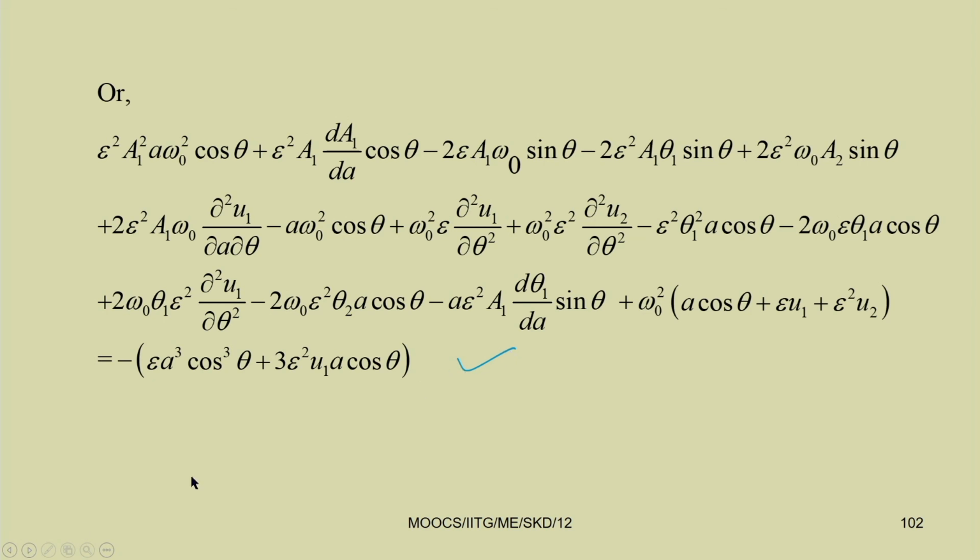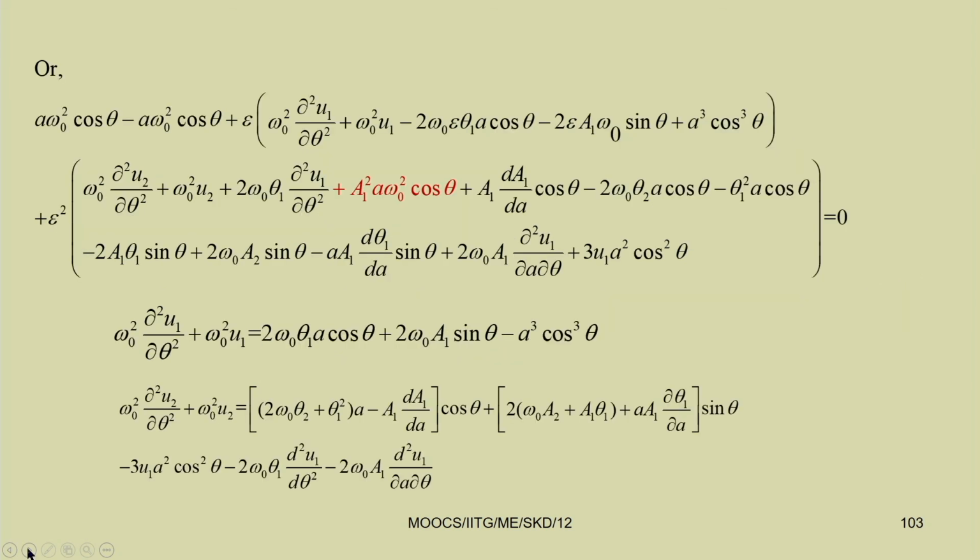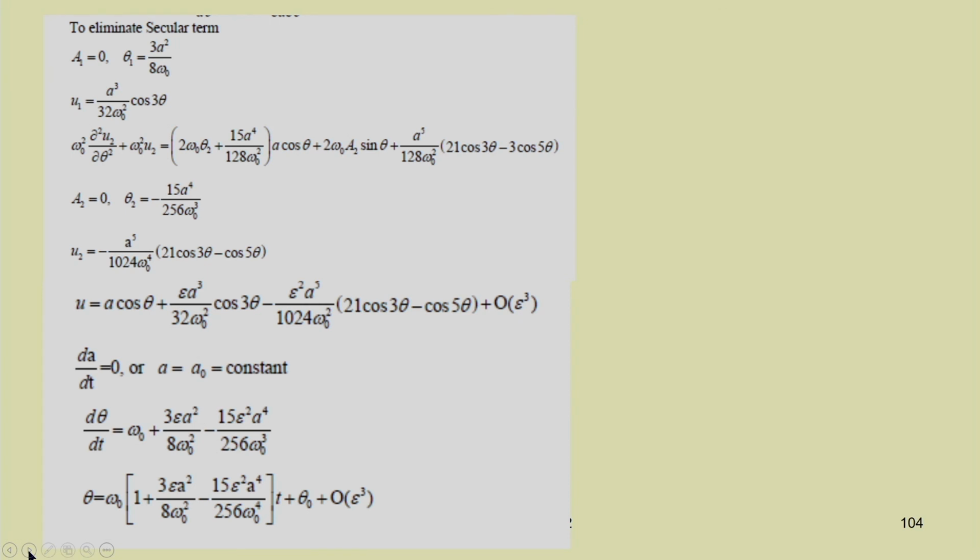Now, separating the order of epsilon, one can get the secular term, and from the secular term one can see that A1 equal to 0, theta1 equal to 3 a square by 8 omega 0, u1 equal to a cube by 32 omega 0 square cos 3 theta.